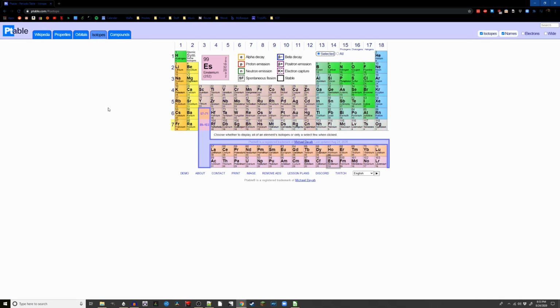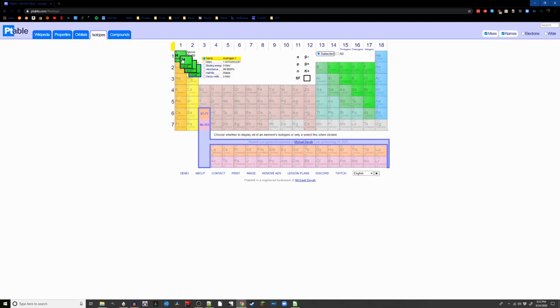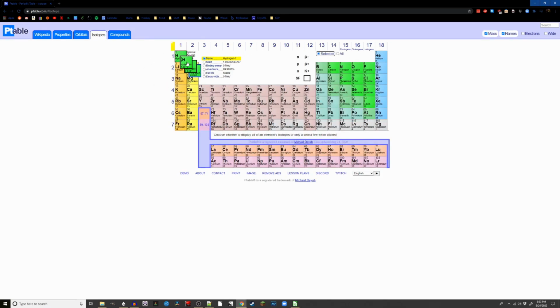For today, isotopes are pretty important. This particular tab tells you all the different stable isotopes, and even the unstable ones, of any particular element. So if we look at hydrogen and click on it, it gives us just the 3 stable isotopes of hydrogen. Here's hydrogen itself. I think it's called protium, with just 1 proton and nothing else.